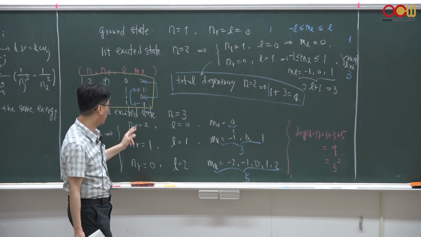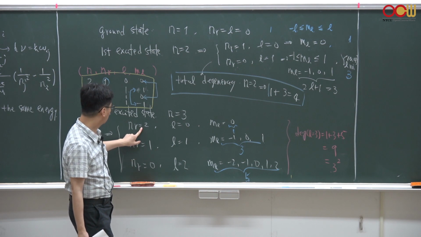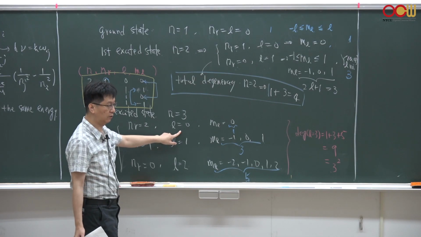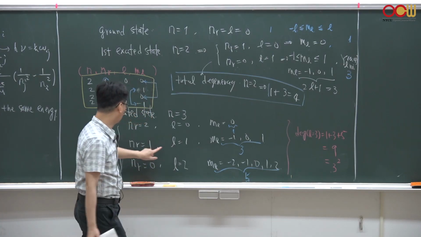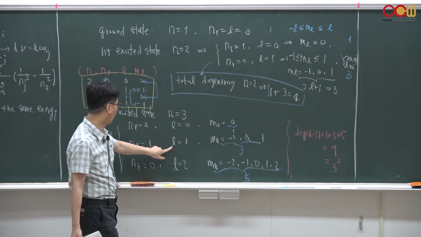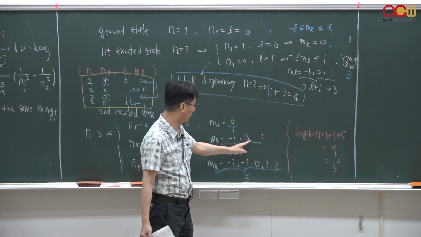In that case, you get what? nr being 2, nr being 1, and nr being 0. For nr being 2, L can only be 0. In that case, ml can only be 0. But for the second case, when L is 1, you get 3 states, with ml being minus 1, 0, and 1.